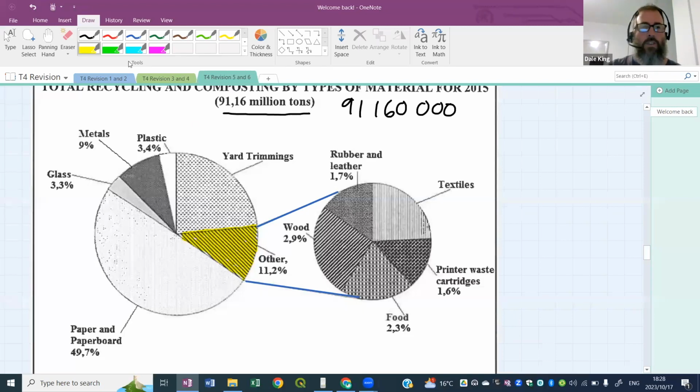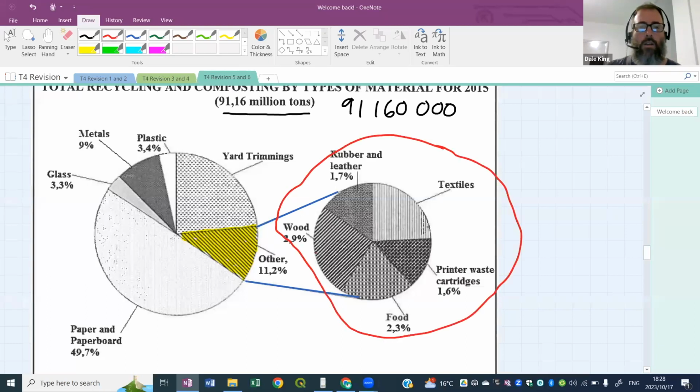All right, so please understand that all of these here contribute to this 11.2% called other. All those little pieces of the pie on the right belong to other in the main pie.